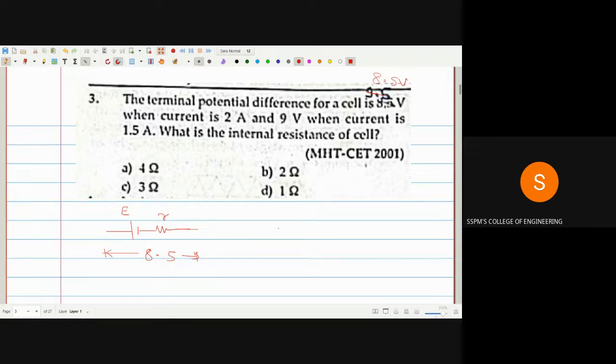आणि सेकंड केस मध्ये पोटेन्शियल डिफरन्स इज 9.